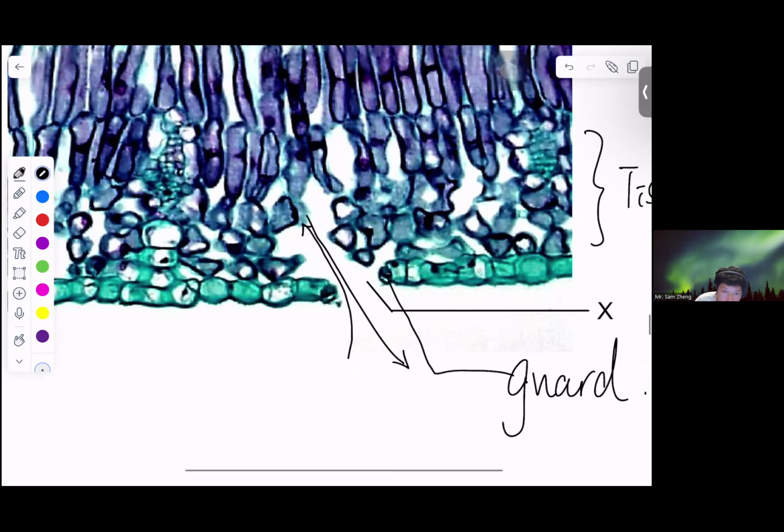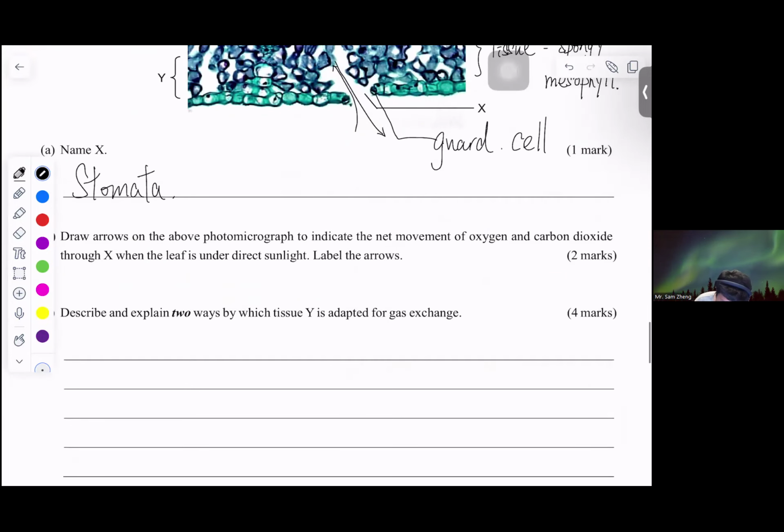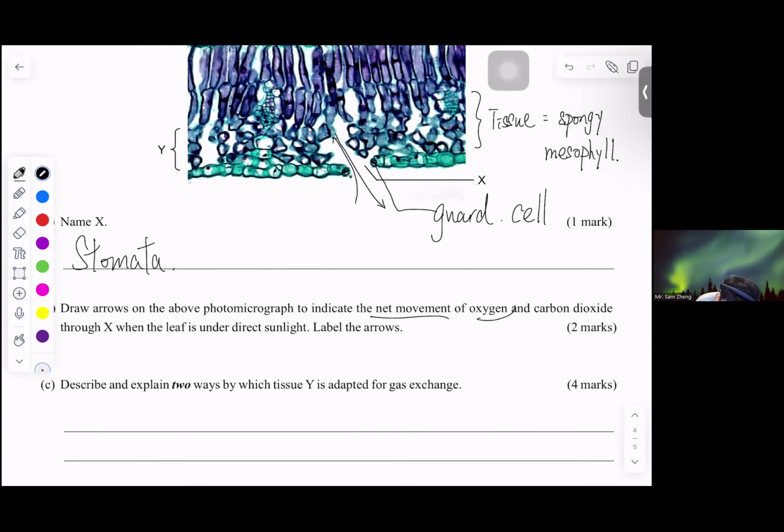In this case, what will be the things that get into it? It tells you the net movement of oxygen and also carbon dioxide. Net movement means the overall movement. So if it is under direct sunlight, there will be photosynthesis occurring. Then the plant will try to get more carbon dioxide for the photosynthesis.